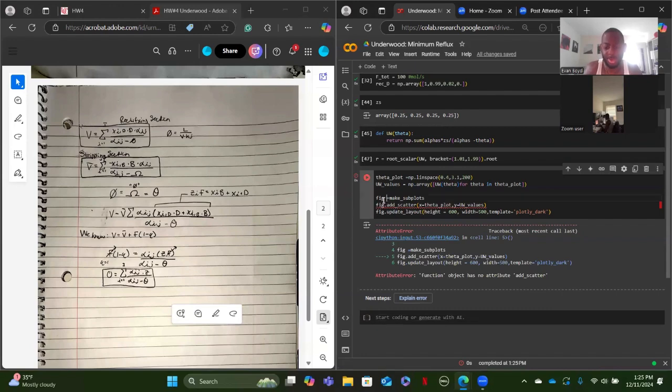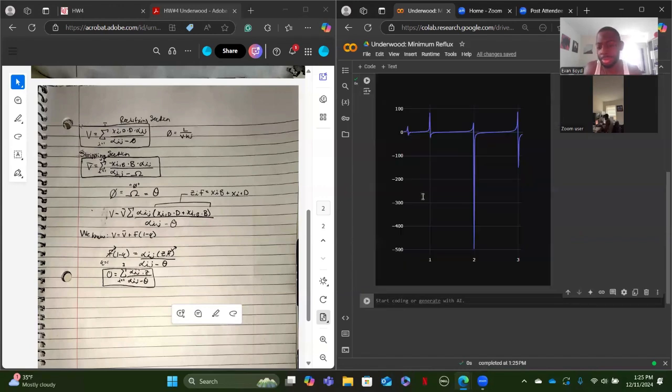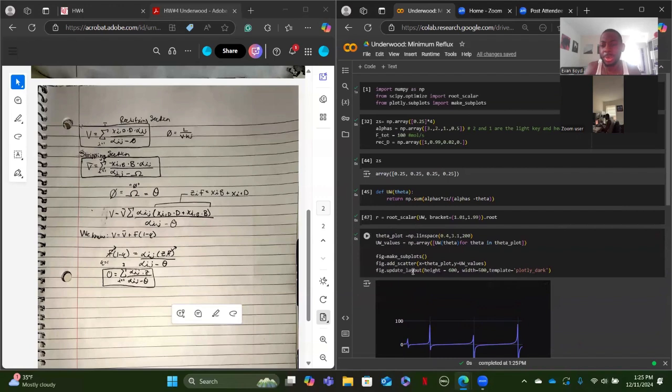Why does it not work? What the heck? Oh, it's because I forgot my parentheses. Okay, there we go. I was like, why is it not working? It's my mistake. Now let me actually change the bound to this. Let's switch these 600 and 500.